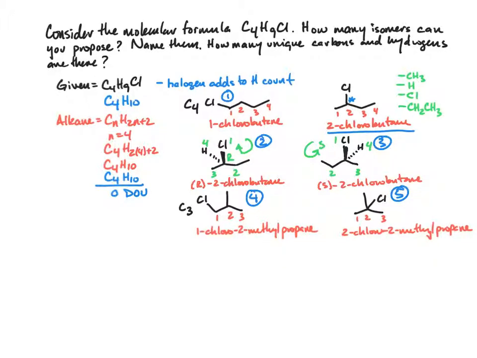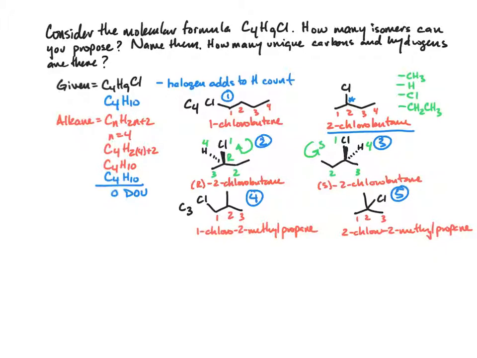We have an enantiomeric pair, which consists of 2 stereoisomers. We've then named them using the Cahn-Ingold-Prelog convention. And the last thing we want to do is determine how many unique carbons and hydrogens there are for each. So let's go ahead and do that as an exercise to keep sharp on concepts of NMR.